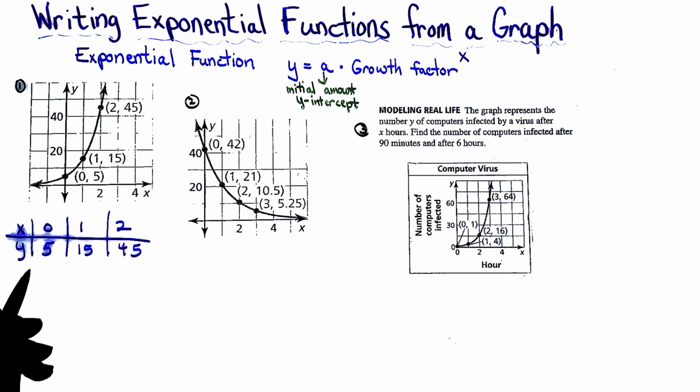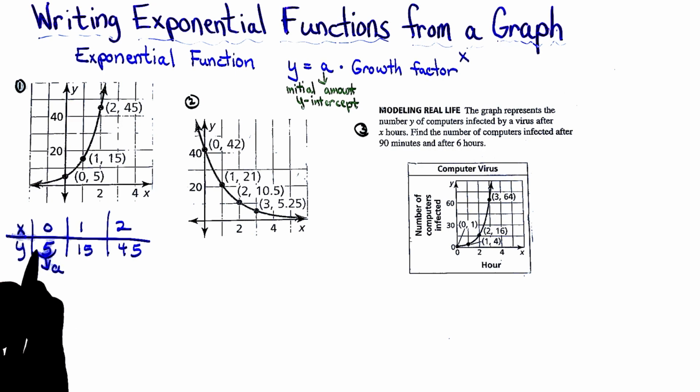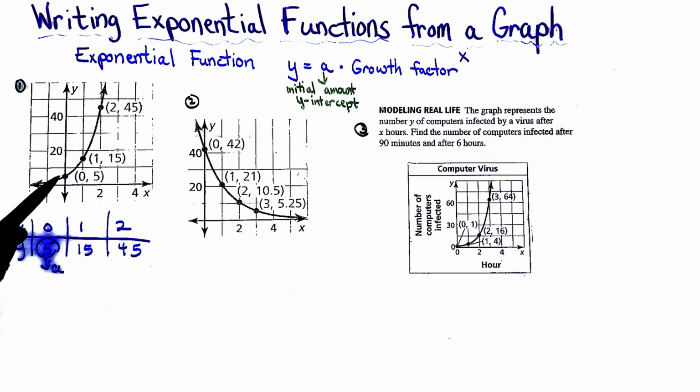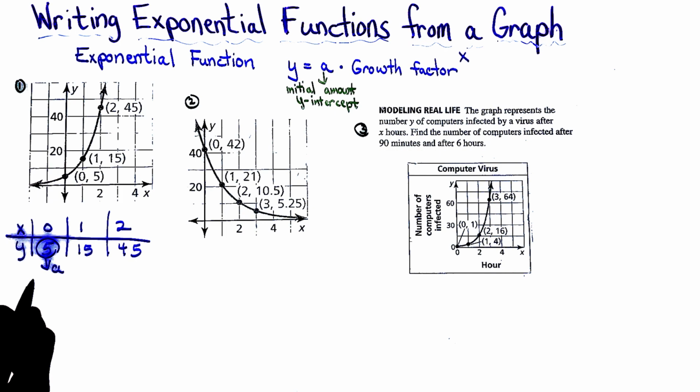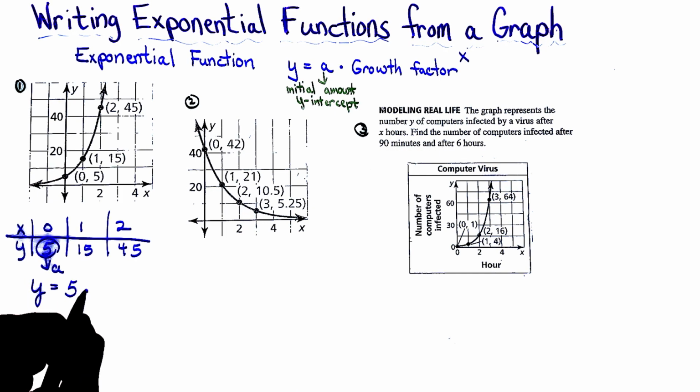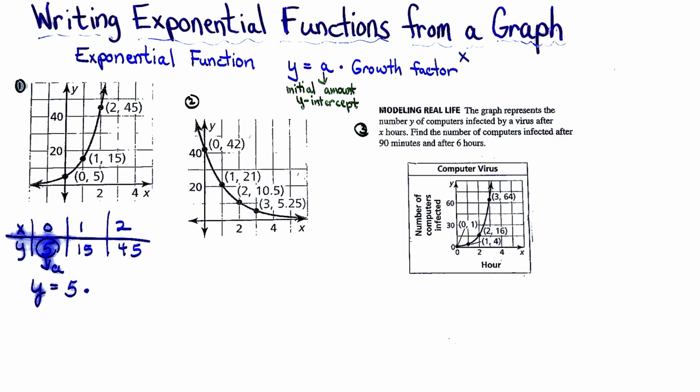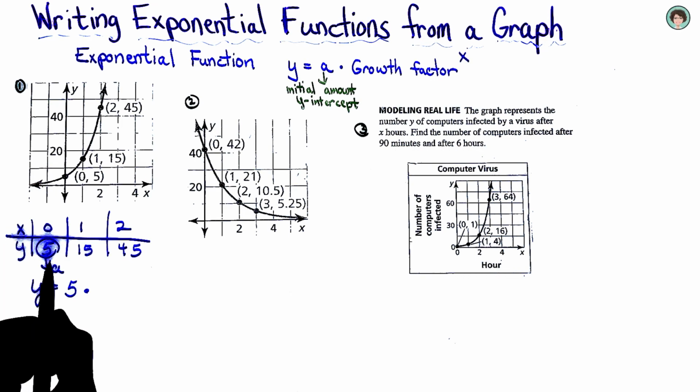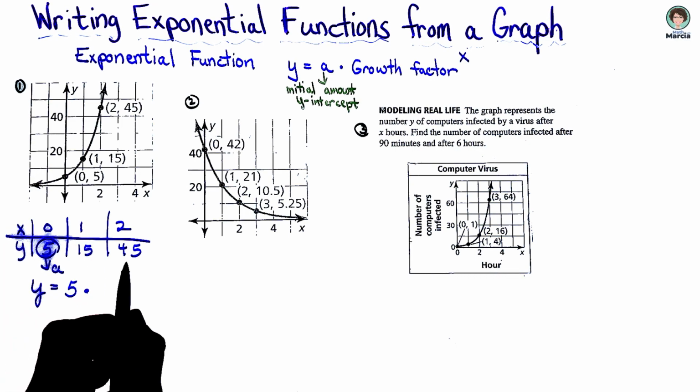And it's really easy to see that this is going to be my letter A because it is my y-intercept. So I'm going to write y is equal to 5 times. Now we need to go ahead and see how is it increasing? So we go from a 5 to a 15 to a 45.